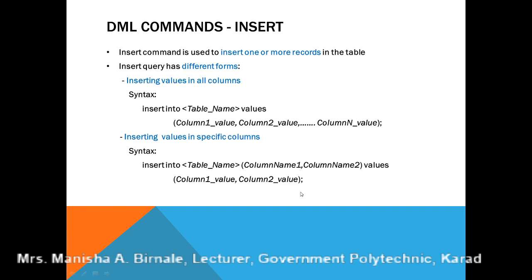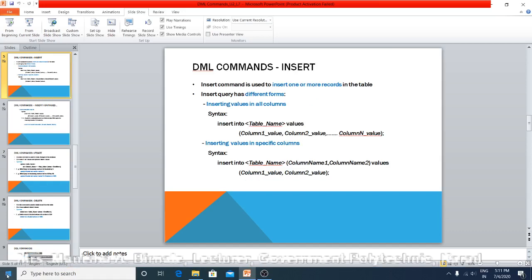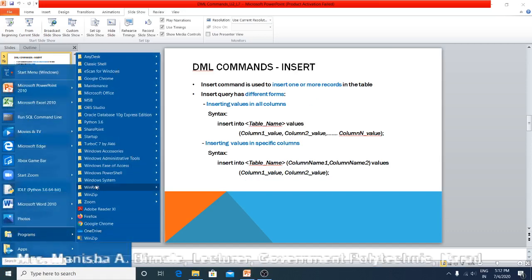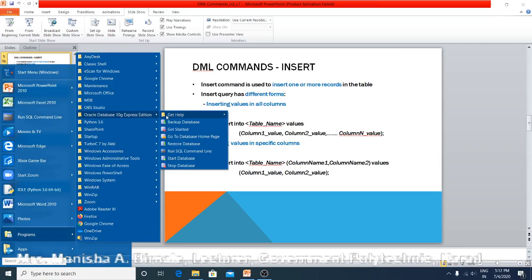So let us see a demo of these two forms of insert. As we have seen, we have to click on start, then programs, Oracle database, and then run SQL command line.